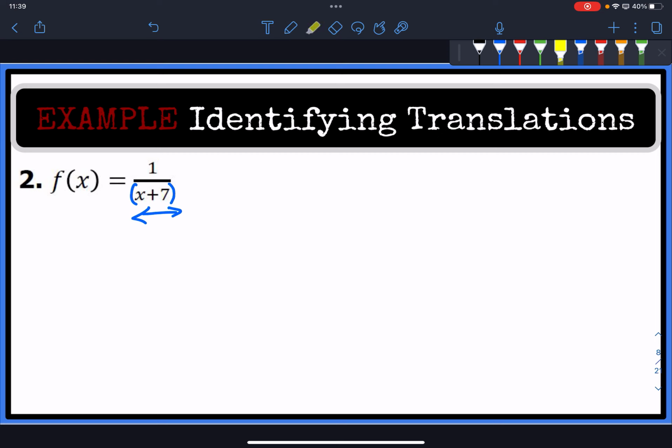So in order to indicate whether we're moving vertically or horizontally, it depends on whether we're adding to the function, in this case the reciprocal function, or to the input value. Since the adding 7 is grouped with the x, this is going to be horizontal, and it's going to shift 7 units to the left.